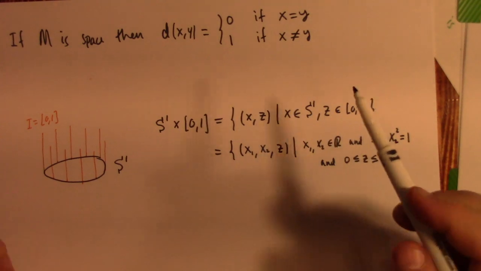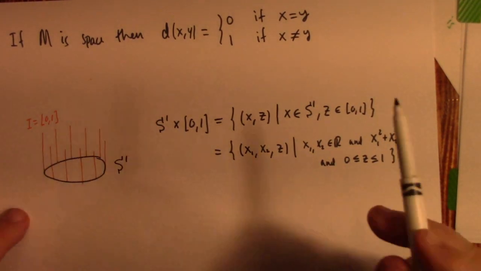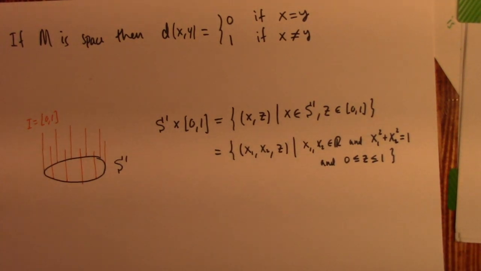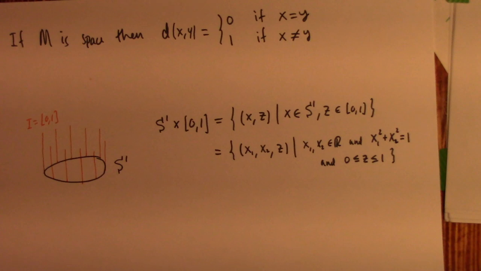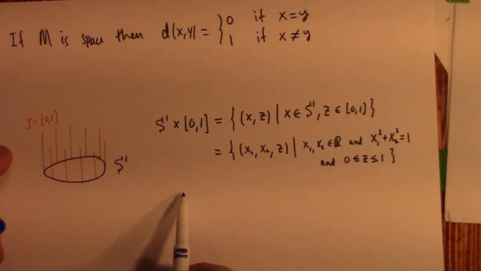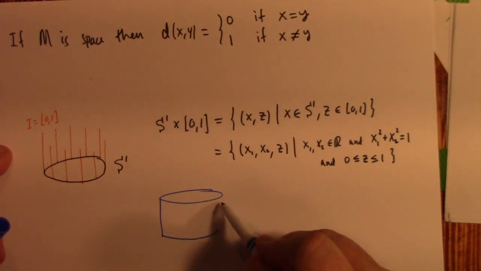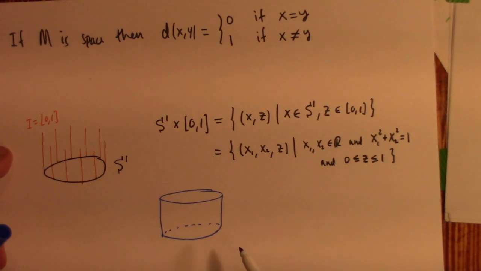So if I was to repicture this set I'm building using Cartesian product, what I have here is just a little cylinder without caps.